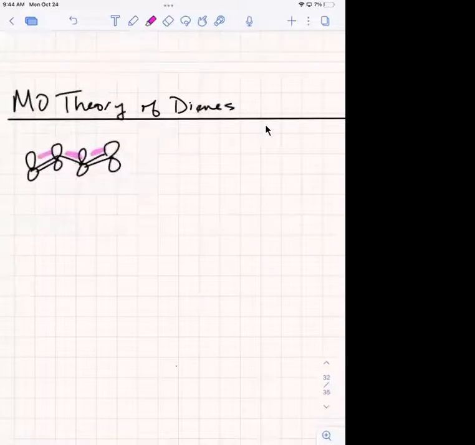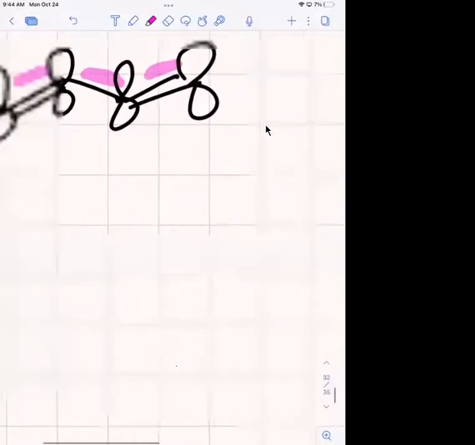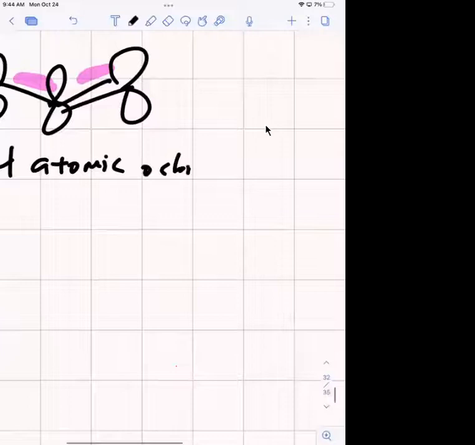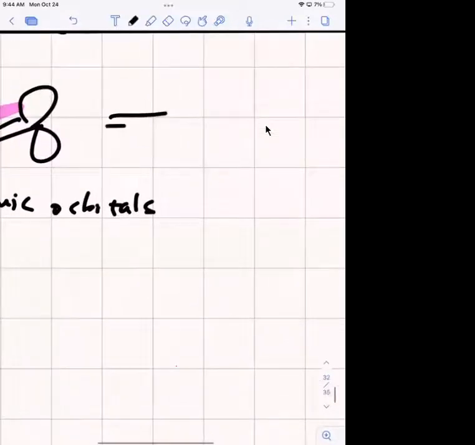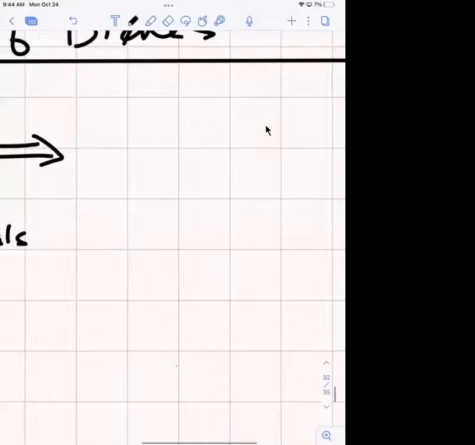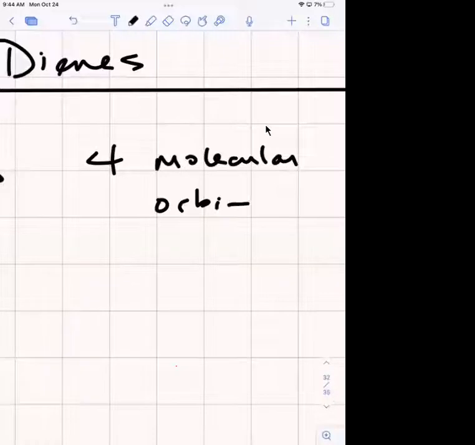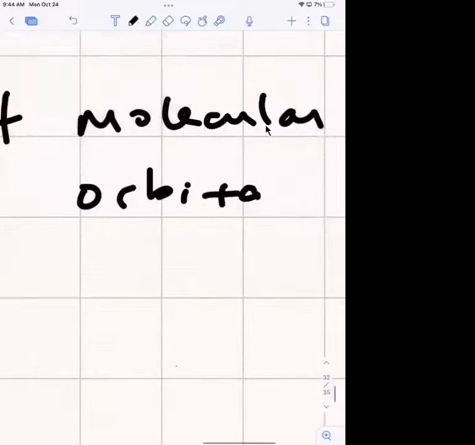So molecular orbital theory says that if I have 4 atomic orbitals, because each one of these p orbitals is an atomic orbital, then that's going to give me 4 molecular orbitals. It's just like hybridization. The number of mixed orbitals you get is the same as the number that you add together. So if I have 4 atomic orbitals and I'm mixing them together, I'm going to get 4 molecular orbitals.